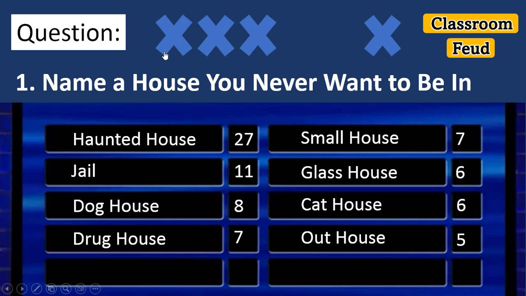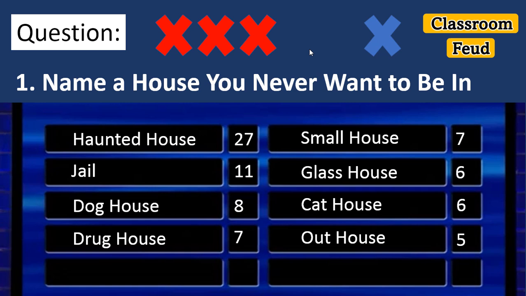If they give a wrong answer, they will get a strike. So click the X symbol here on top of the slide. Okay. So if the active team was not able to finish all the possible answers and they reach the 3 strikes, the other competing team will have the chance to guess the remaining possible answers.